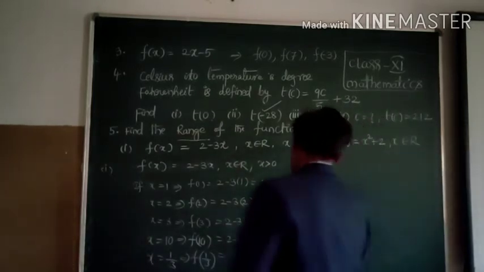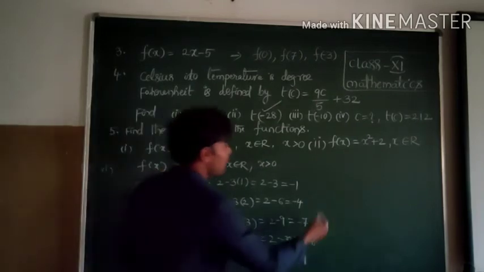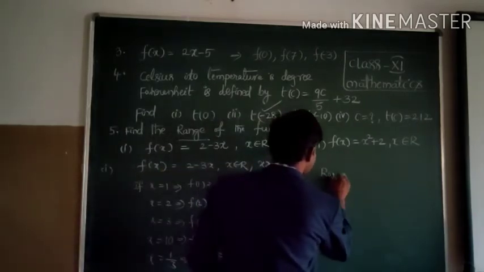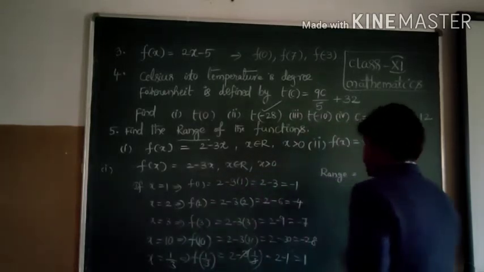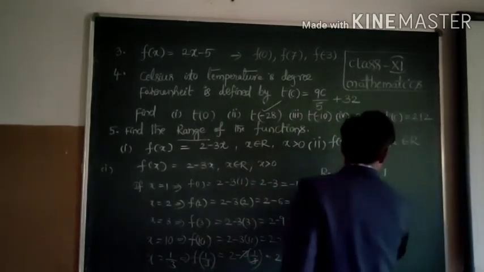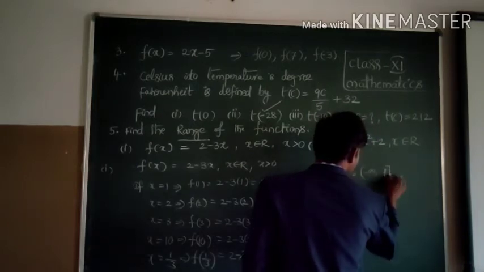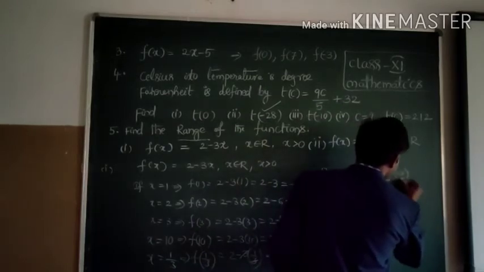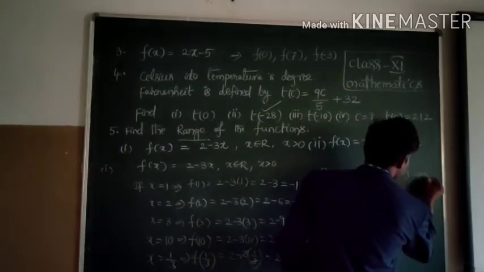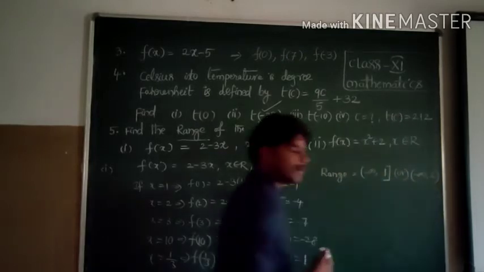Here we got 1. So the range of this function is minus infinity to 1. We have to write it like this. Otherwise we can also write minus infinity comma 2 with an open bracket.